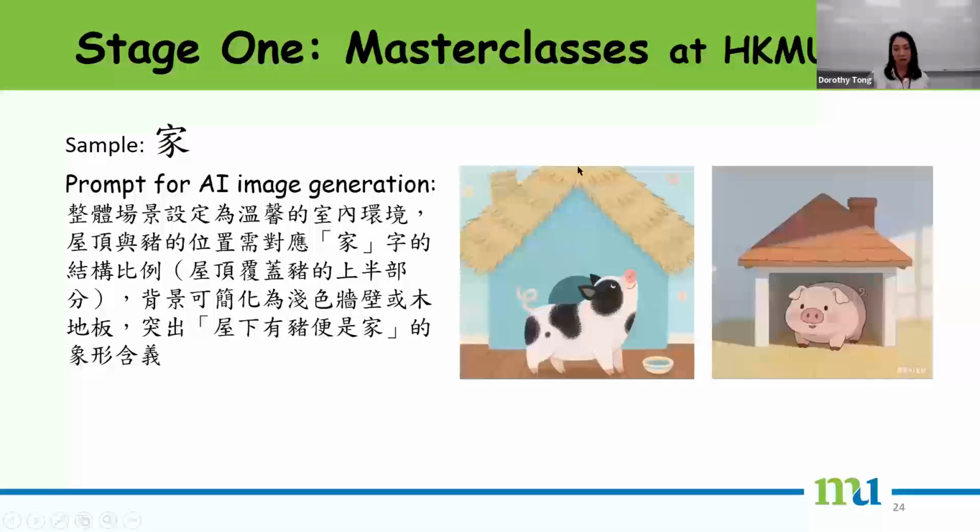As you can see, this is like the rooftop of the house, which is the top part of this character. And then down below the roof, there is a 豕, which means pig. Yes, so this pig is in front of the house somehow, and then under the roof. So it's connected to the form of the character in some way.